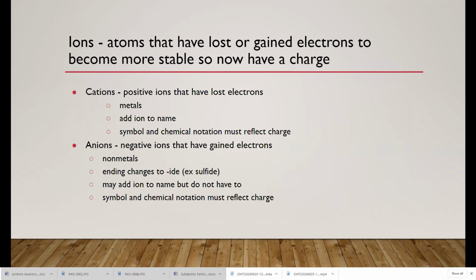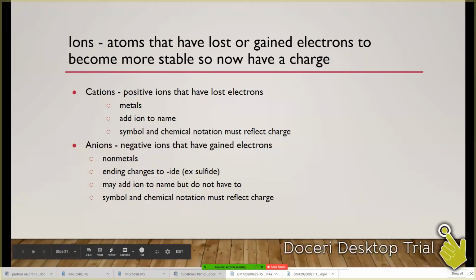So in other words, if I have potassium, with the symbol K, all right, so if I have potassium, which is element number 19, and it will lose one electron, so it becomes a +1.